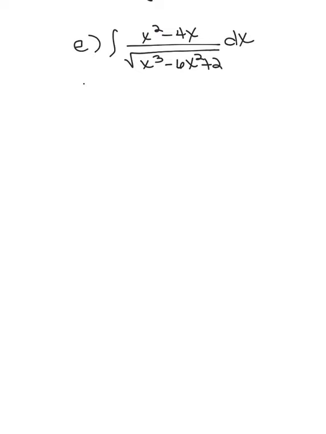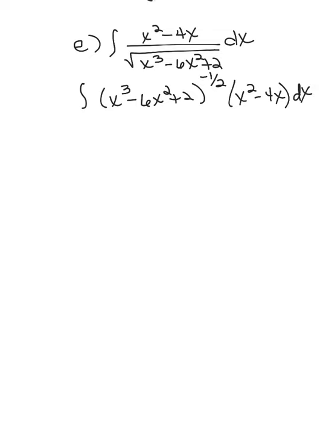So the first thing that we have to do is rewrite this as the quantity of x cubed minus 6x squared plus 2 to the -1/2, because we changed positions with it, times the quantity of x squared minus 4x dx.